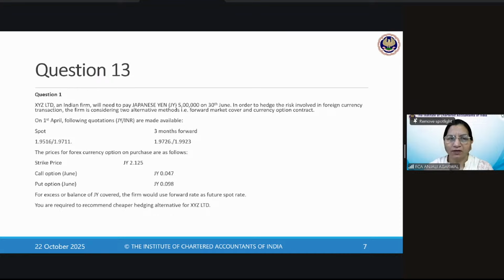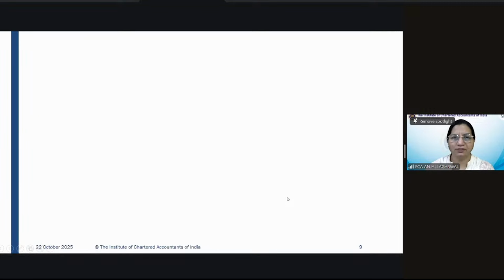So, one of the important things for managing that exposure is to hedge. Hedging can be done in many ways. It can be internal and external. So let's first understand the basic concepts of hedging and exposure.